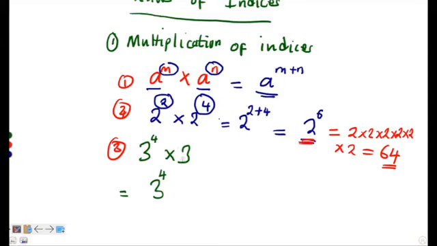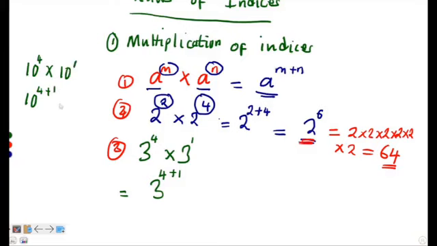Now, if they just write a number like this without anything on top, it means that number has a power of 1. So it will be 4 plus 1. Again, let's say I give you 10 to the power 4 times 10. You get the same base 10, then you say 4 plus. This 10 doesn't have any power, so it has a power of 1.